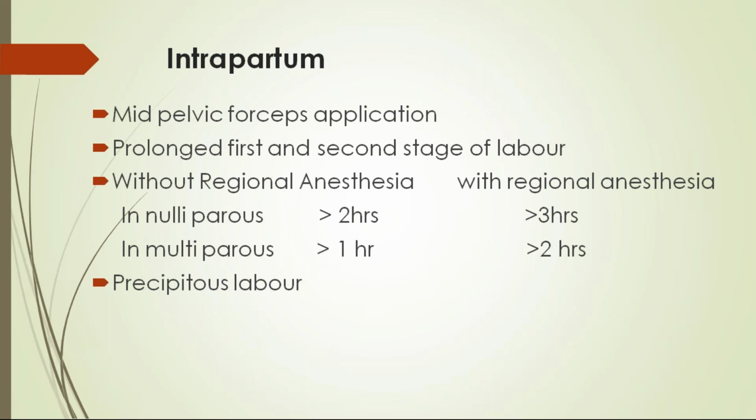In a normal case, in a nulliparous woman, more than 2 hours is a prolonged second stage of labor, whereas if we give epidural, it is more than 3 hours. In multiparous women, normally it is more than 1 hour, and if we give epidural, we can wait up to 2 hours, and more than 2 hours we'll call prolonged. And precipitous labor.